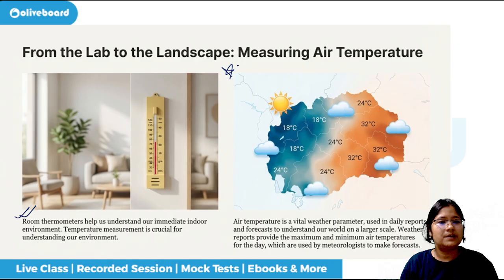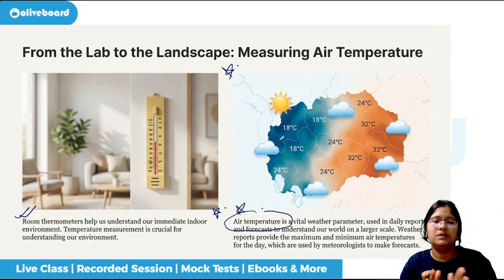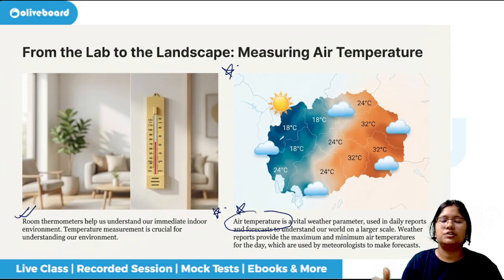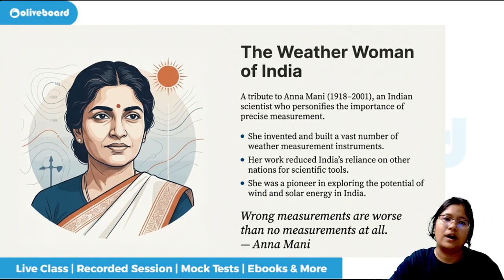Then there is the air temperature, which we see in the weather report, that today the minimum temperature will be XYZ and the maximum temperature will be XYZ. So what is that? That is a weather report, and this provides the maximum and the minimum air temperature for the day. This is used by meteorologists along with various other factors to make weather forecasts.